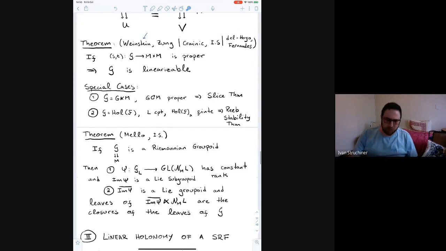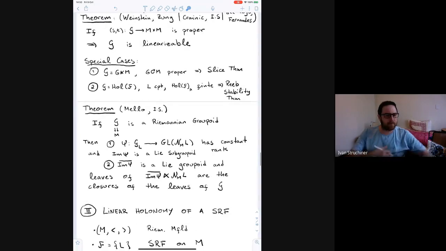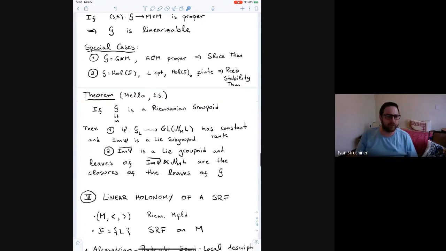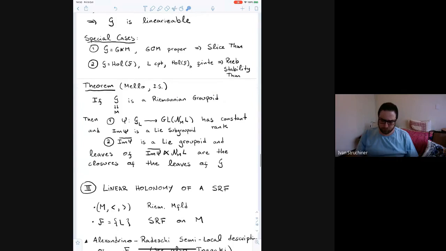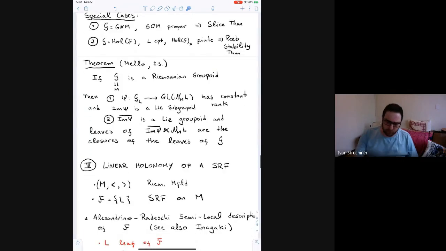Along the same spirit, there's a theorem I have together with Mateus, about Lie groupoids with an extra structure, a Riemannian metric which is compatible with the multiplication of the groupoid. It has to do with the leaf closures of the foliation it induces, but I'm going to have to let you read it while I explain the next part.